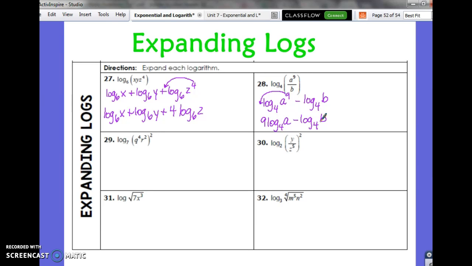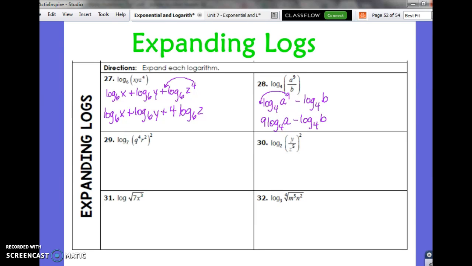As we look at 29 and 30, they're essentially the same types of problems, but because you've got powers raised to powers, if you bring this power around to the front first, sometimes it becomes a little confusing as to how to deal with it later in the problem because you've got more things that you are trying to expand.